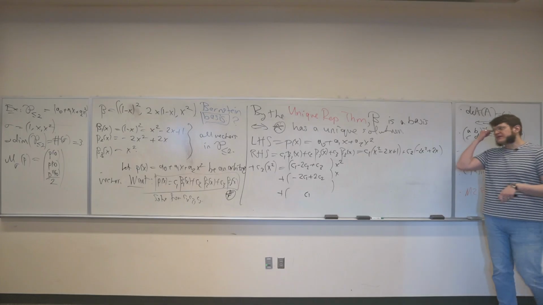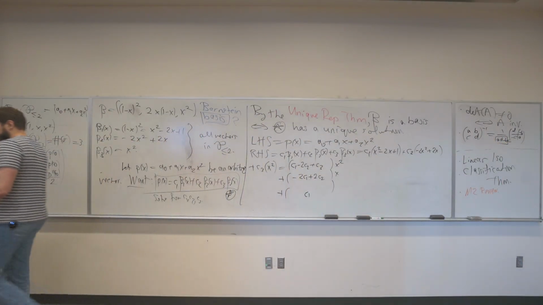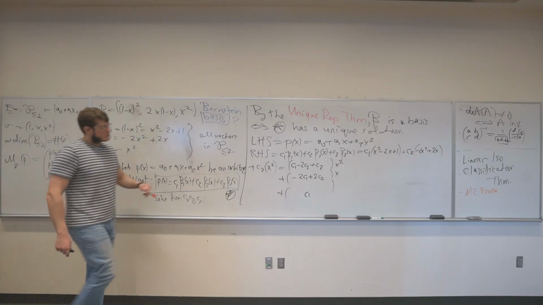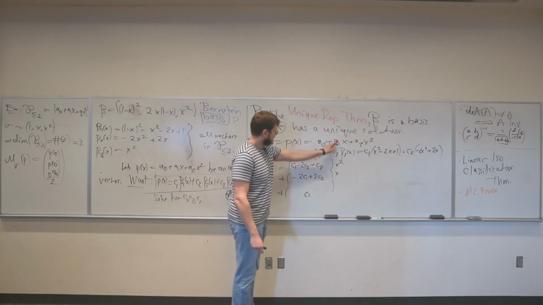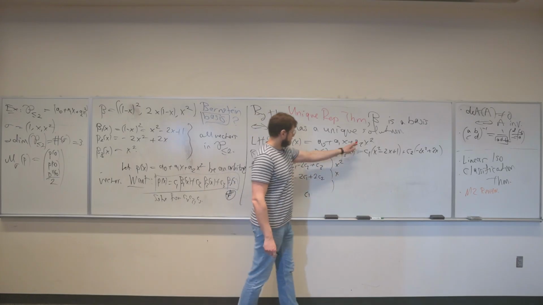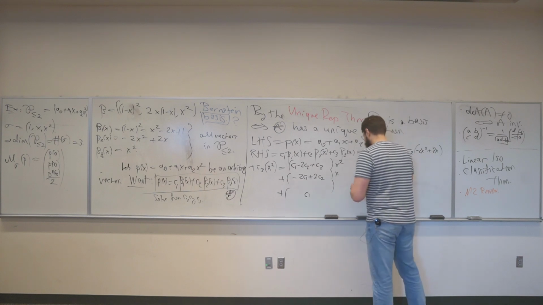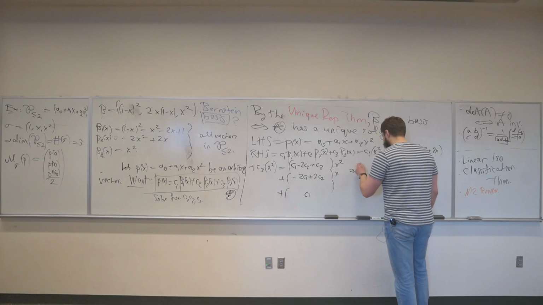Okay. This gives me a system of 3 equations with 3 unknowns, because the left-hand side has to equal the right-hand side. In other words, this has to equal that, this has to equal this. So we can write it like so.